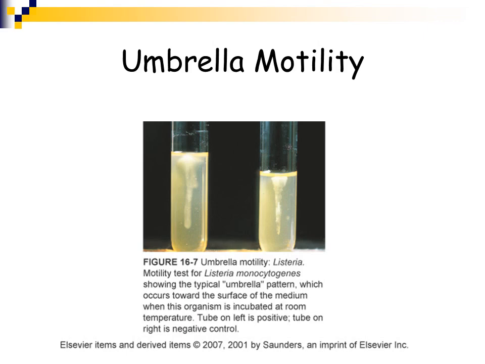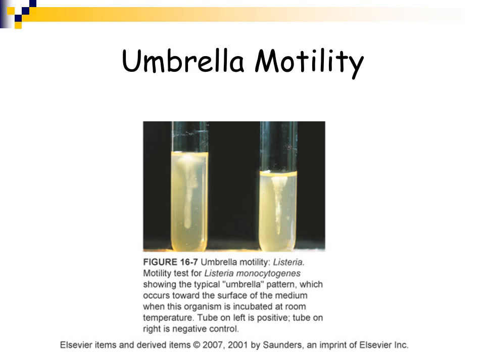square. This is your umbrella motility. So on the left is classic umbrella motility of Listeria. The tube on the left is positive, the tube on the right is a negative control. So if you can see, there is a haziness in the inoculum line in this motility deep agar.